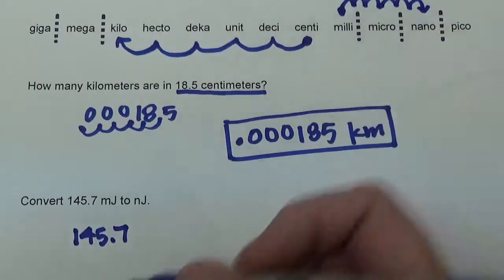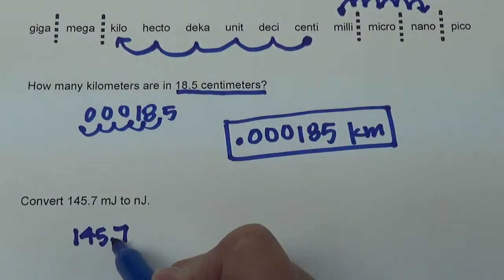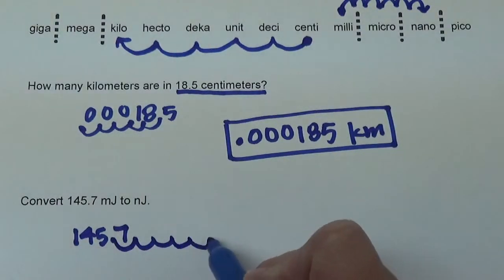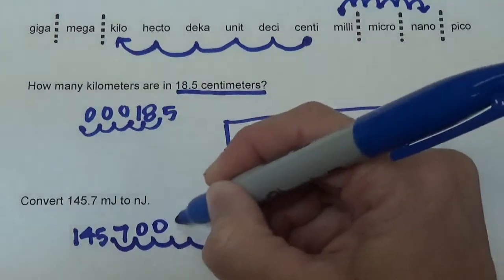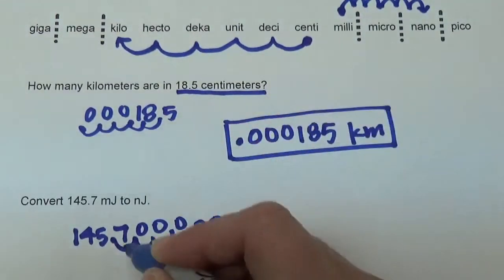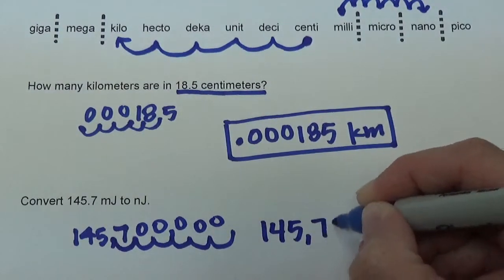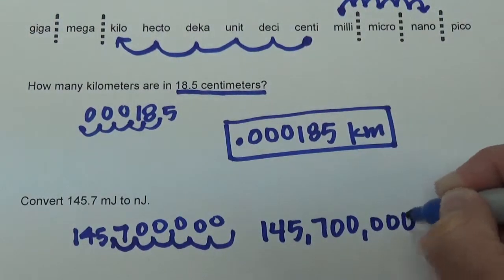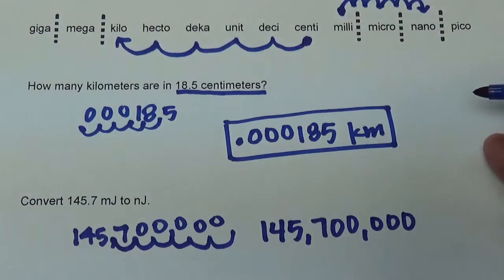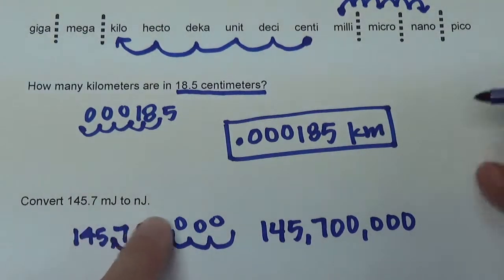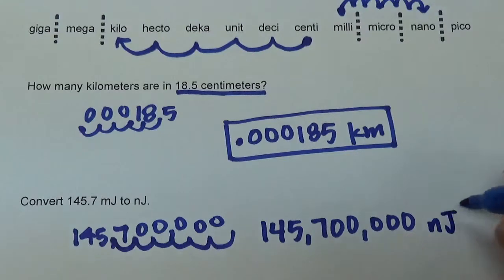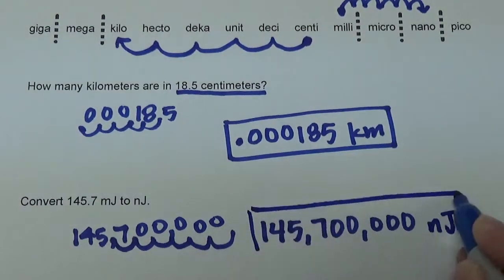Here we were moving to the right, so we need to go 6 to the right. So we go 1, 2, 3, 4, 5, 6. Add in 5 zeros. We have a comma, comma. We end up with 145,700,000. And then we check our units. We're going from milli to nano, so we want nanojoules to be our units.